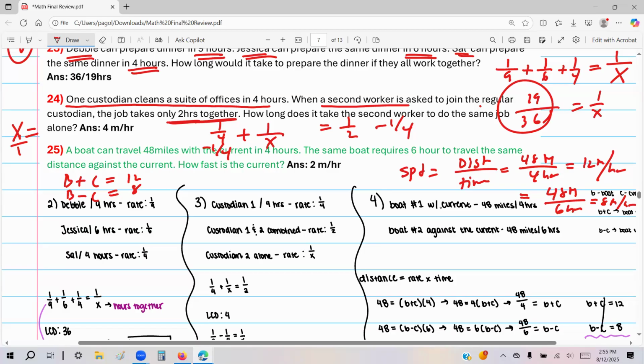If we add the two equations, what happens to the C's? They cancel out. So how many B's do we have?